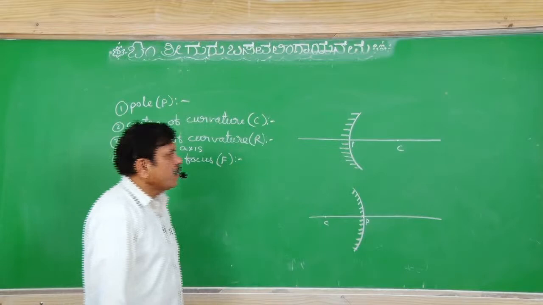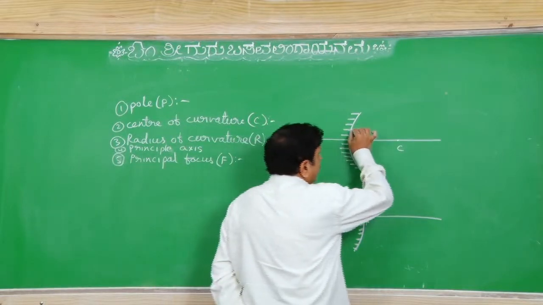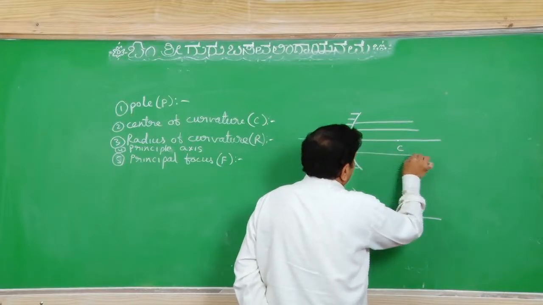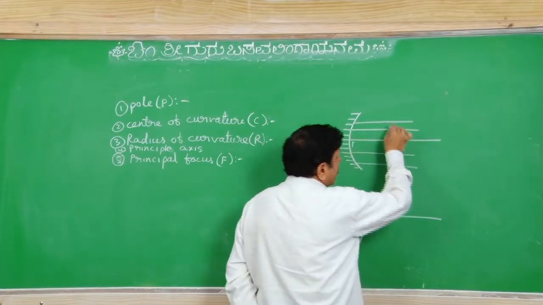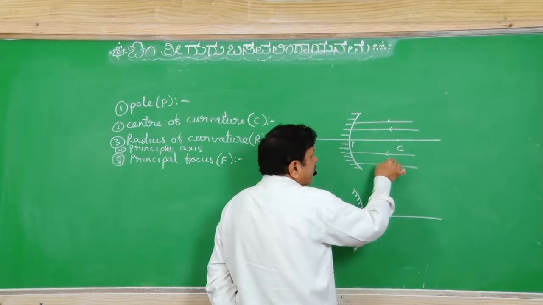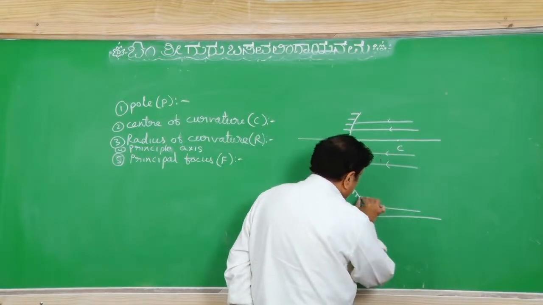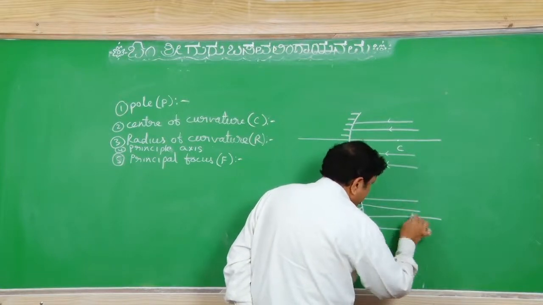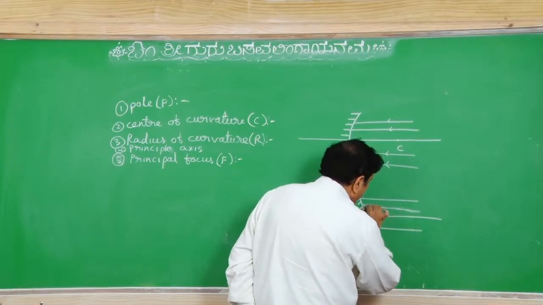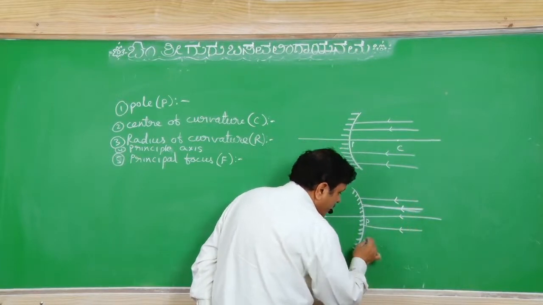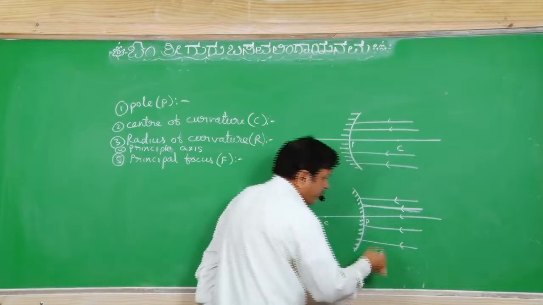Now for the principal focus, suppose we allow a number of rays which are parallel to the principal axis to be incident on the mirror. In this case also, these rays are made to be incident on the mirror, and they are parallel to the principal axis.